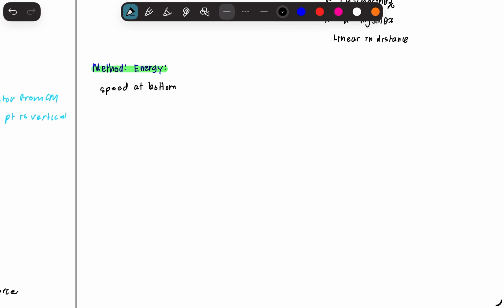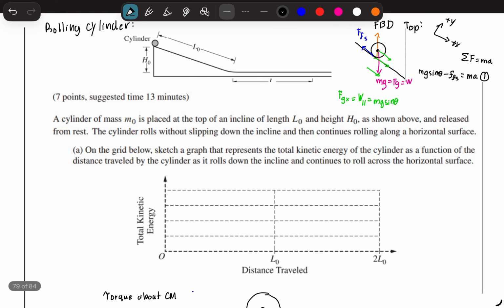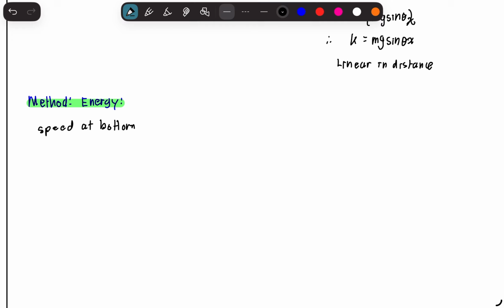We know that it was released from a height of h initial, and we were not mentioned a friction. So let's see how we represent this. Our initial energy at the top is equal to mgh initial, and our final energy is equal to K trans plus K rotational.